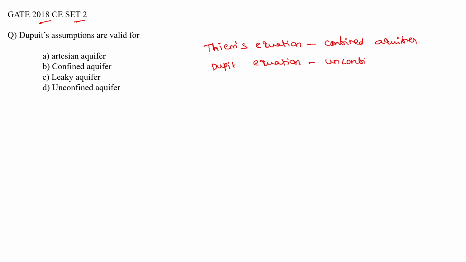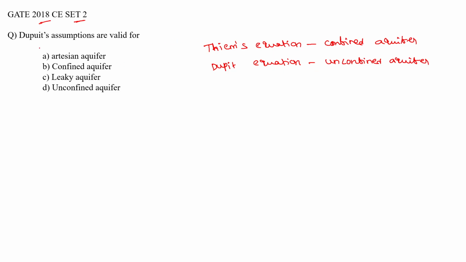Now we have seen the confined aquifer. For a confined aquifer, we used the Thiem equation. Similarly, Dupuit has developed one famous equation for unconfined aquifer, which we can see in the next session.